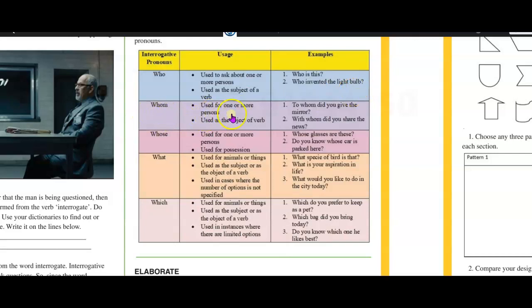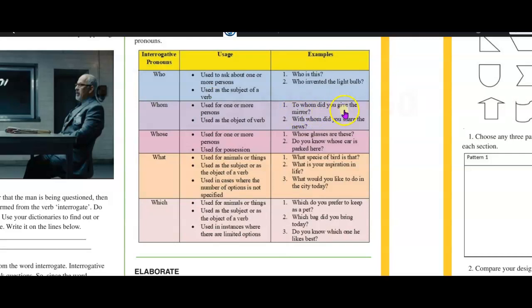Whom, used for one or more persons and used as the object of the verb. Okay, so the subject of the verb is the person or thing doing the action. Okay, and the object of the verb is the person or thing that the action is being done to. Here's an example.